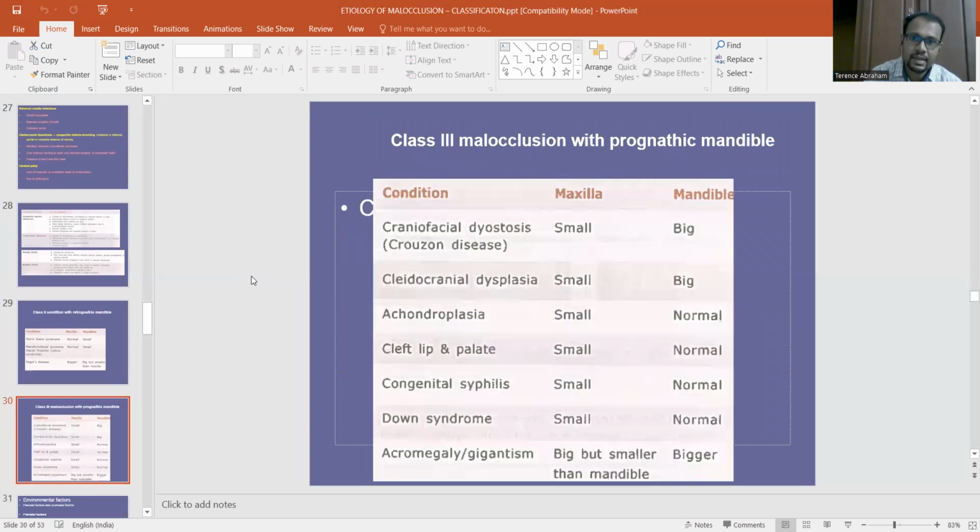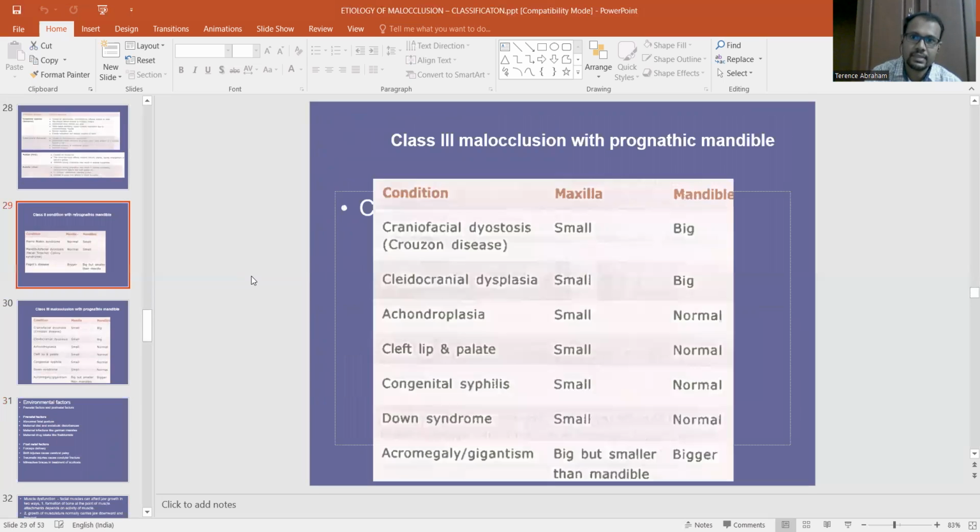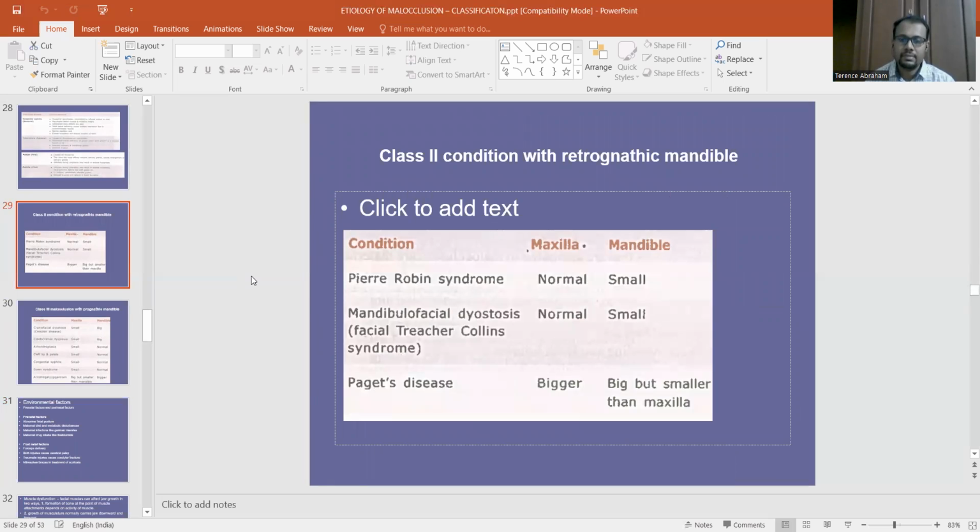Coming to the various syndromes associated with class 2 and class 3 malocclusions. Syndromes associated with skeletal class 2 malocclusion are Pierre Robin syndrome, Treacher Collins syndrome, and Paget's disease, the main three syndromes.